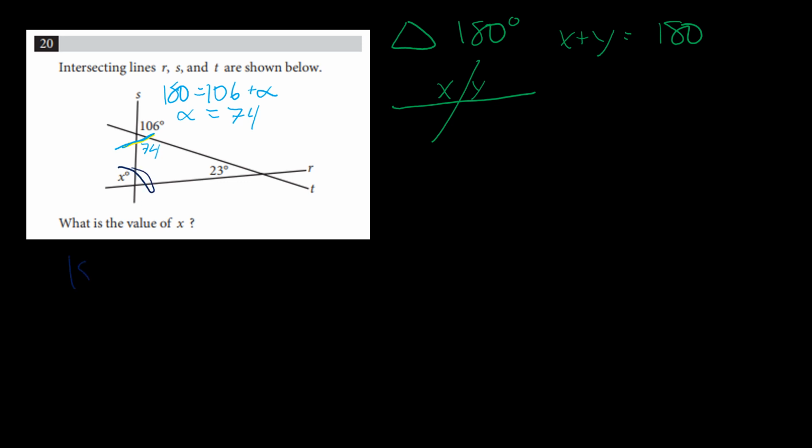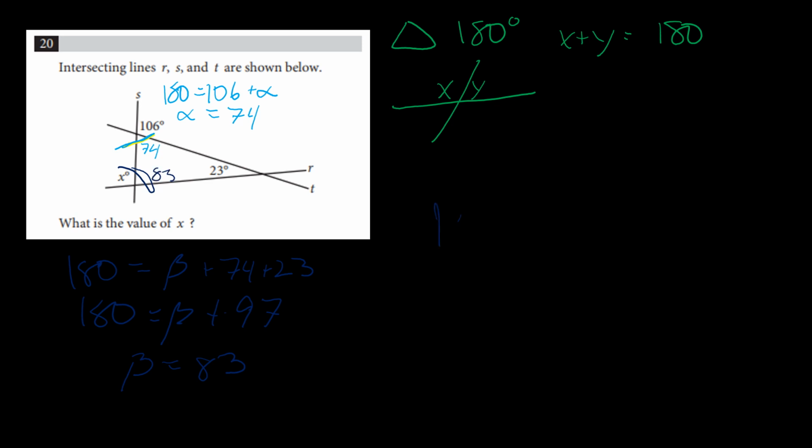Well, we know that 180 equals, we'll call that angle beta, plus 74 plus 23. 180 equals beta plus 97. Okay, well, then subtract the 97 over, beta is 83. So we know that's 83.